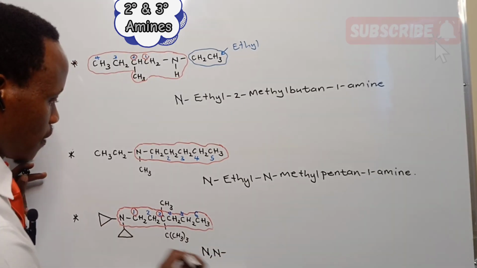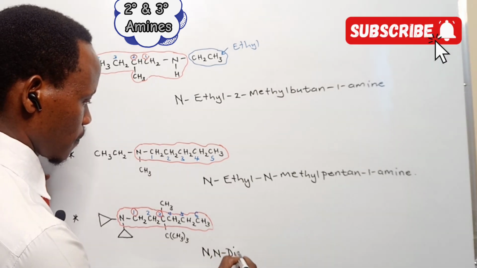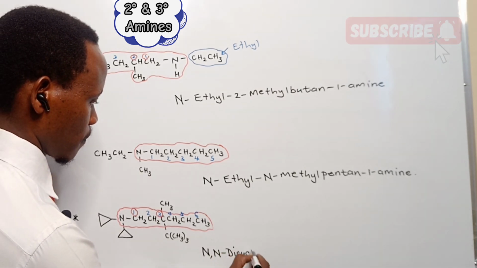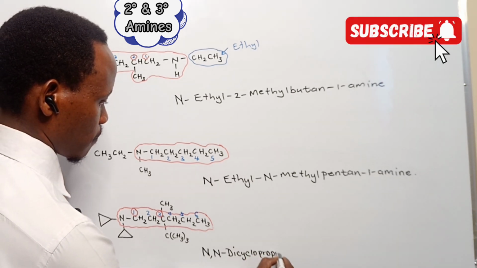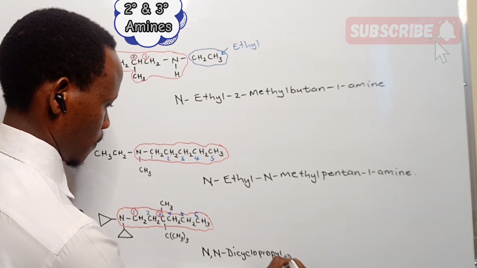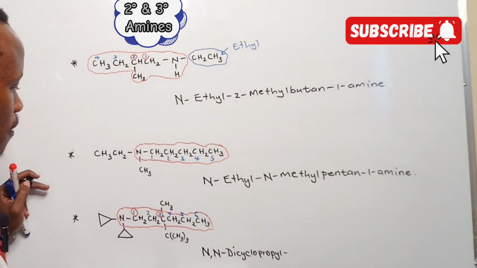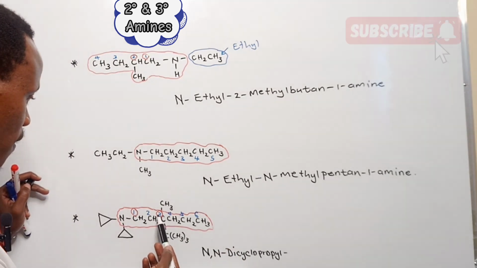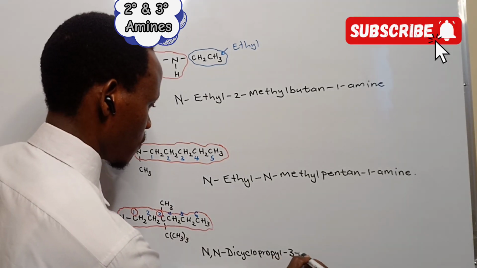Since these two are the same, and now our parent chain. On position 3 of the parent chain, there is a methyl group.